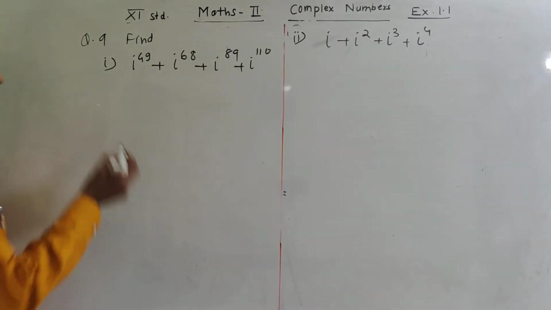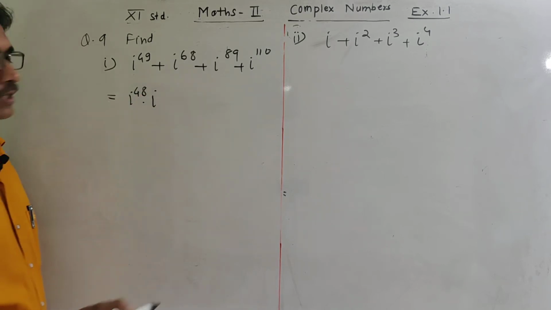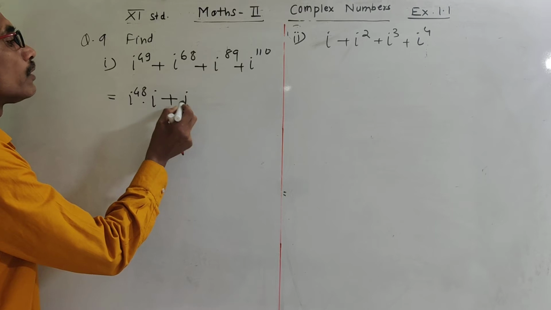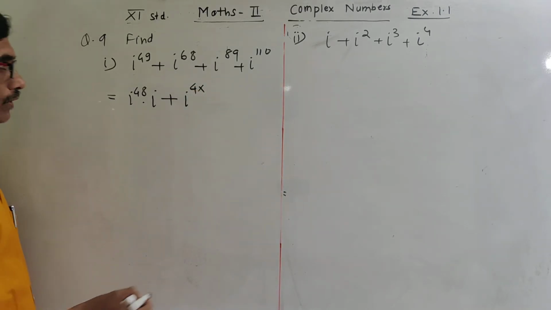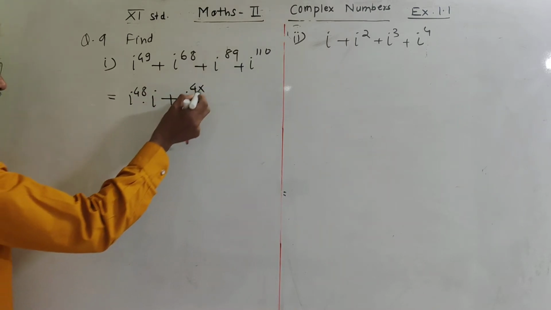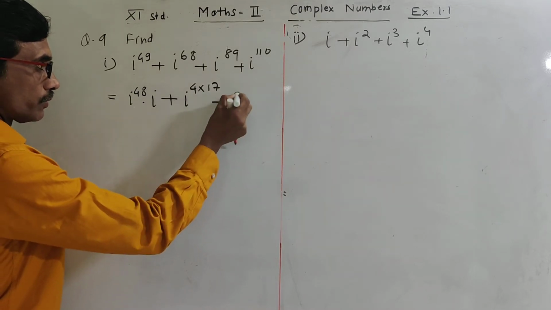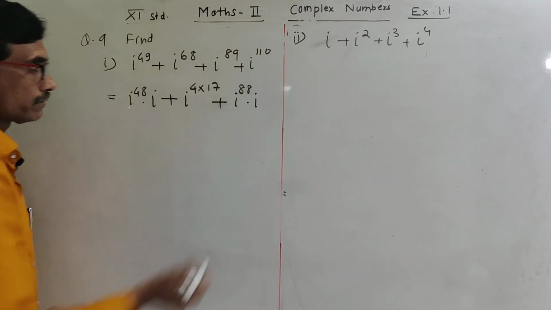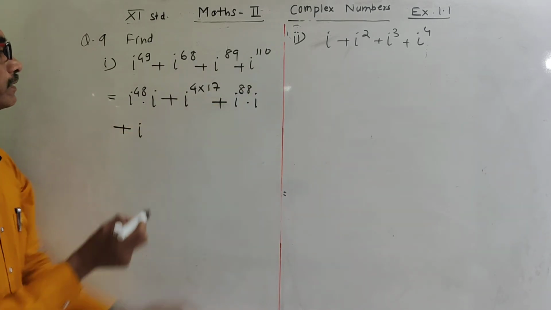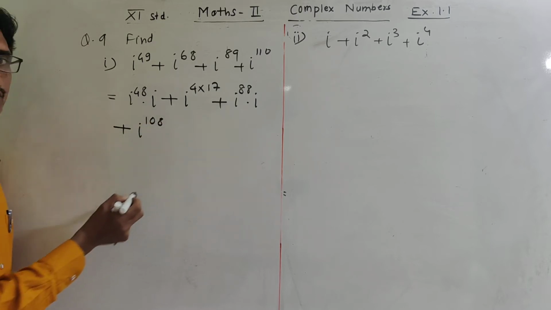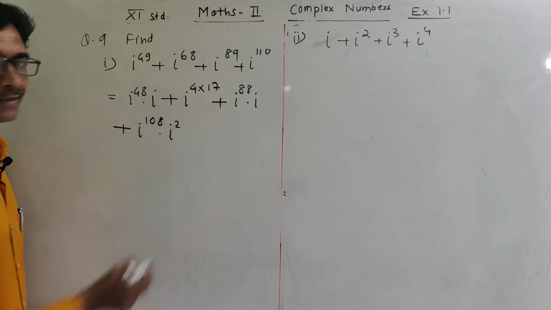So it is i raised to power 48 into i, plus i raised to power 68, where 68 is 4 into 17, plus i raised to power 88 into i, that is 89, plus i raised to power 108 into i raised to power 2.